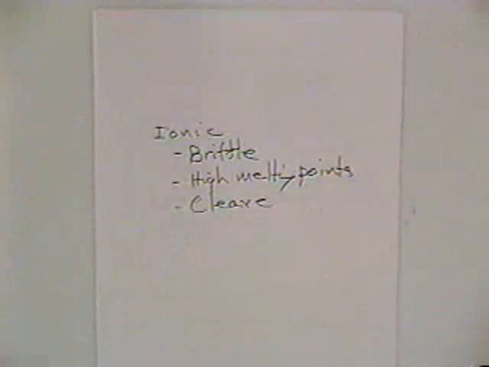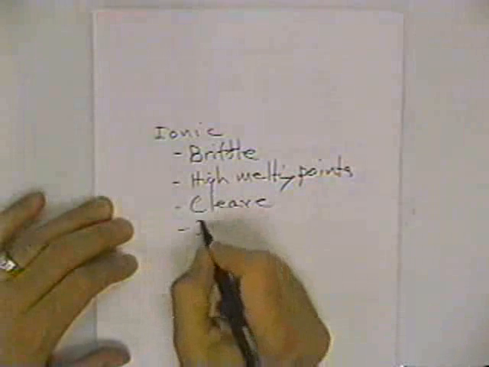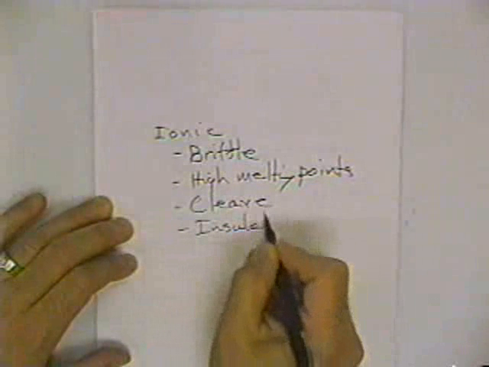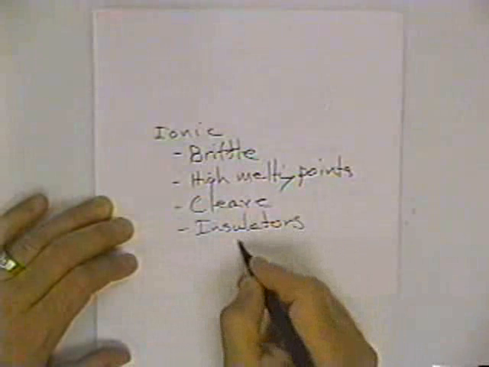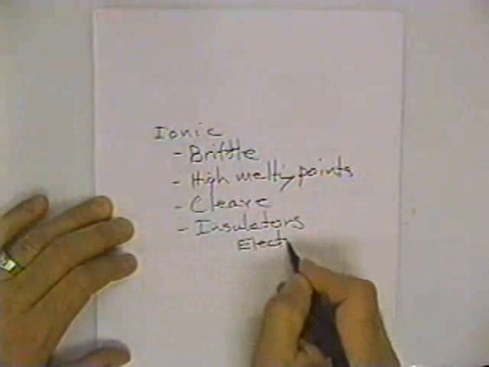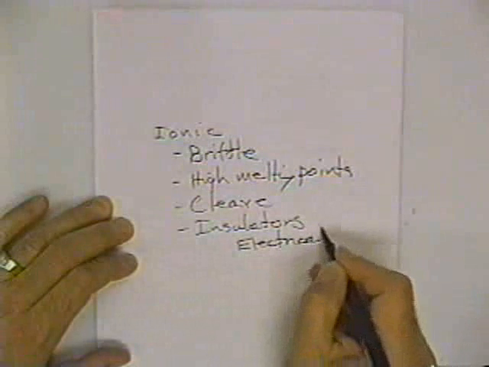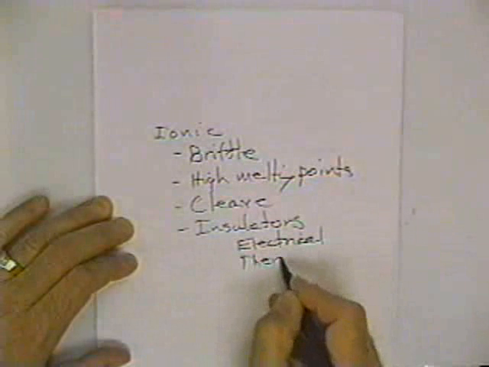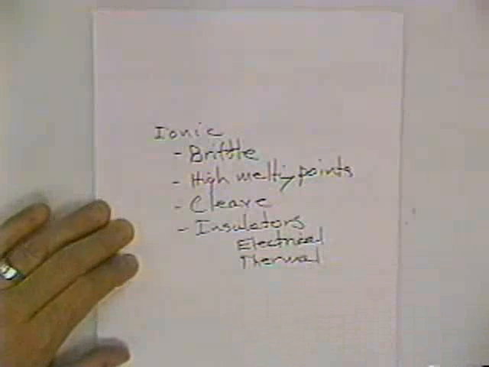They break along particular crystalline planes, and they are insulators, both electrical and thermal. Also, ionic materials typically are salty to the taste. Those of you that are into French fries know how good salt is.